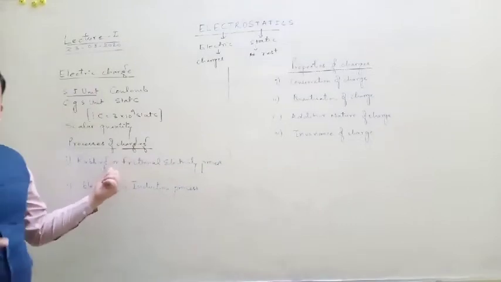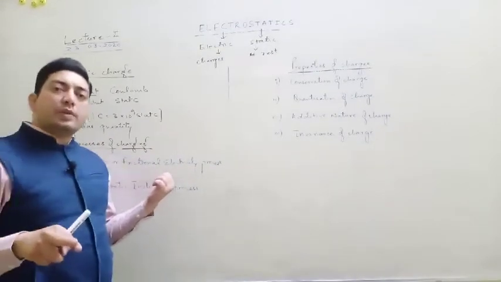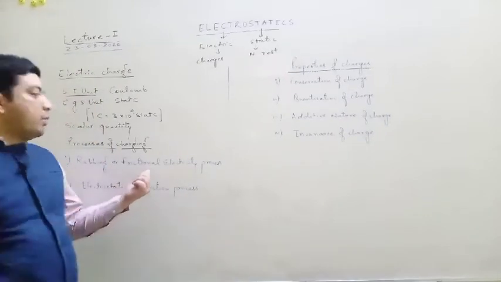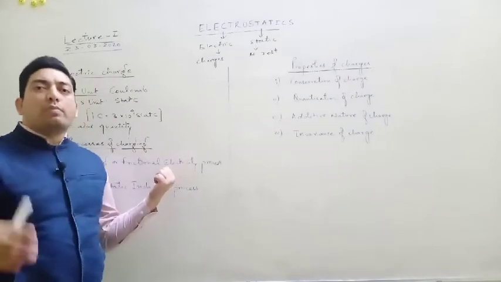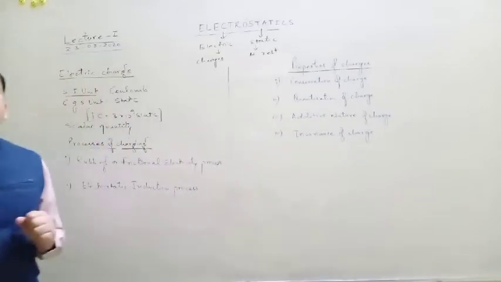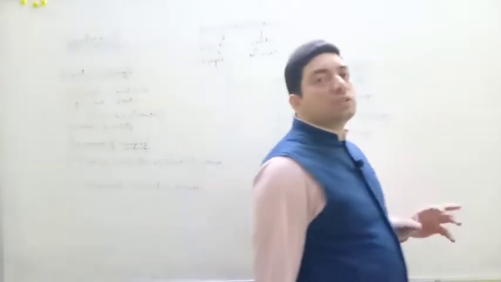So in this process, we rub two bodies together. Because of the friction, heat energy is produced. The body which has lower work function loses some electrons to the body which has higher work function. The body which loses the electrons becomes positively charged, and the body which gains those electrons becomes negatively charged. The second process is called the electrostatic induction process.